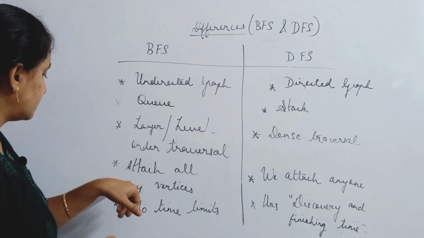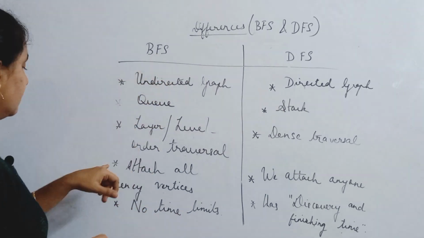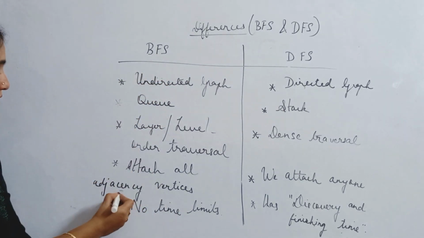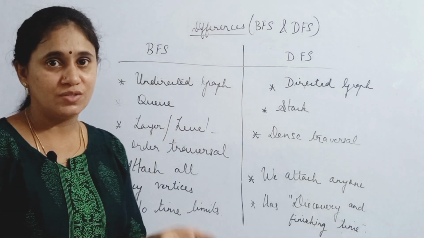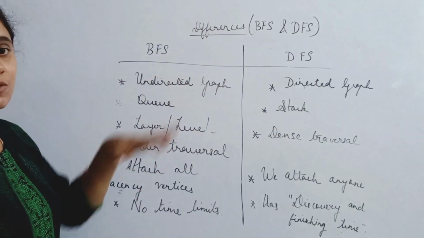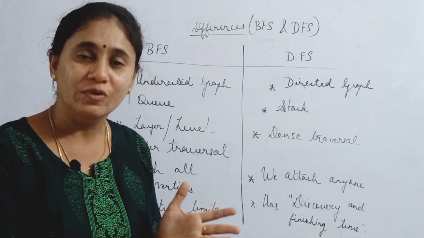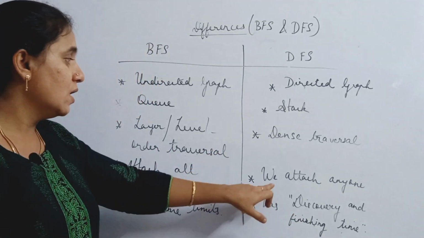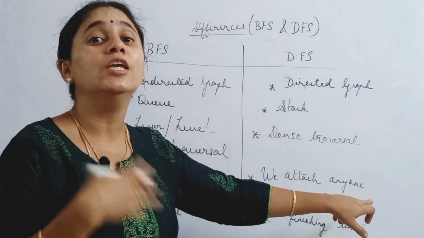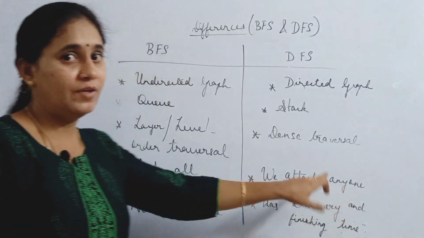Next, in BFS we attach all the adjacent vertices at a stretch, and only then do we move to the next vertex. But in DFS we attach only any one of the vertices. Very important.